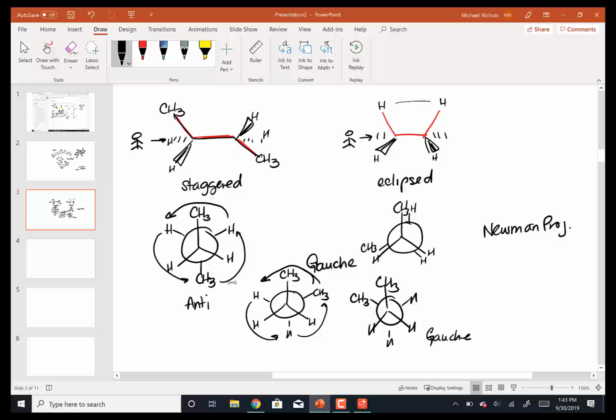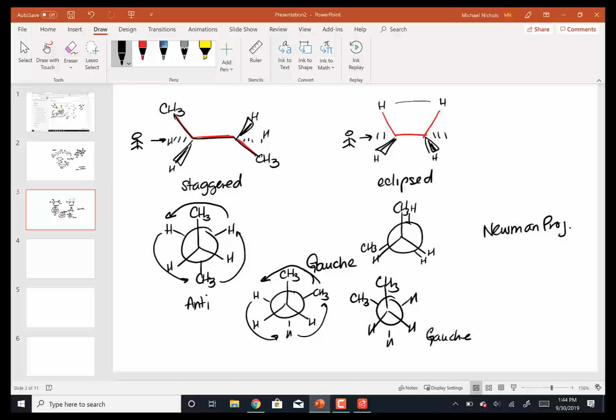The most unstable staggered is always more stable than the most stable eclipsed.